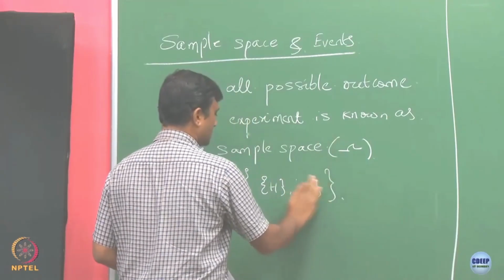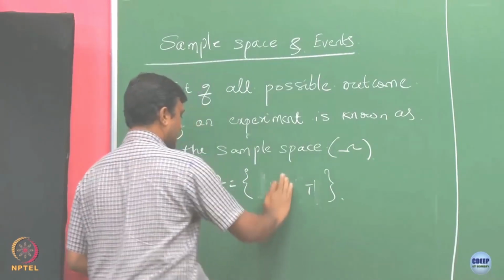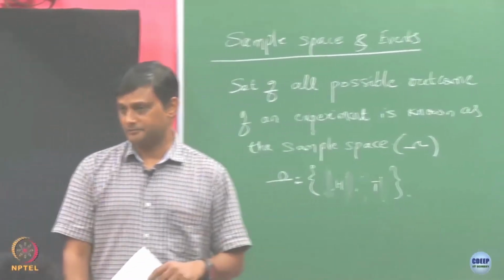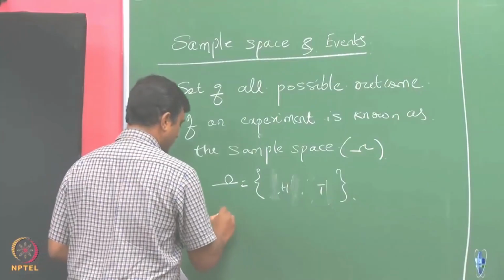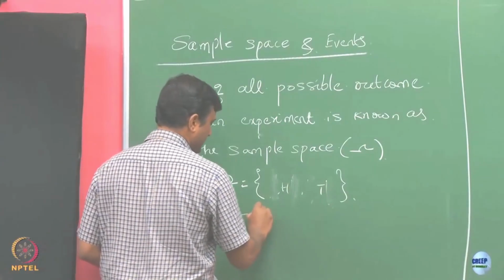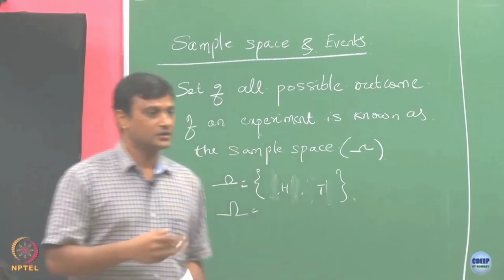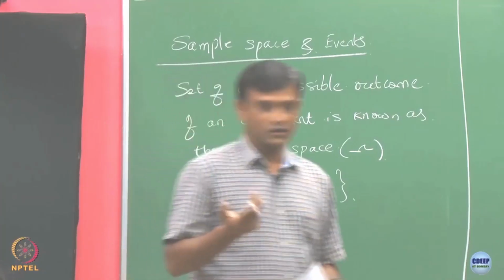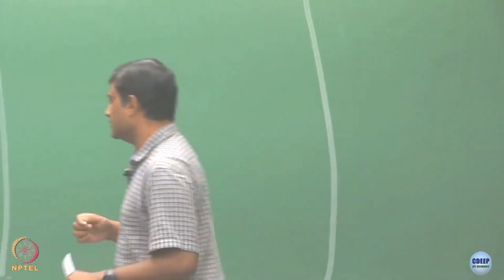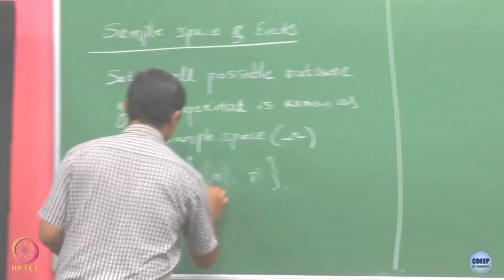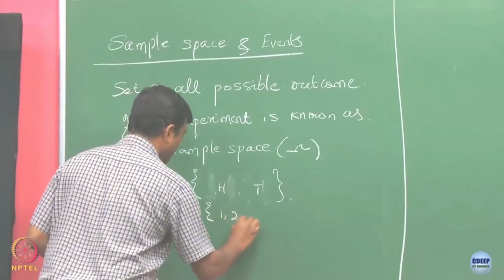Right now, let me not put them in curly brackets, just write head and tail. Another example, you might have already talked about it a thousand times, the toss of a dice, right? When you throw a dice, what are the possible outcomes? 1 to 6, that is going to be our sample space.